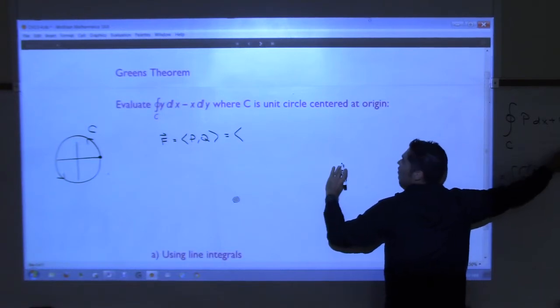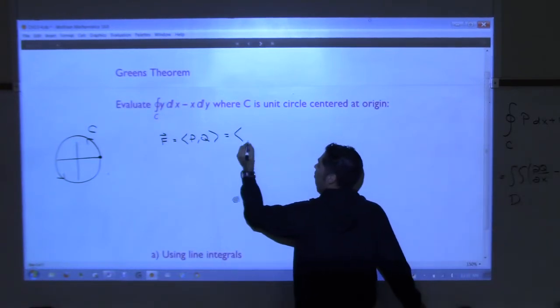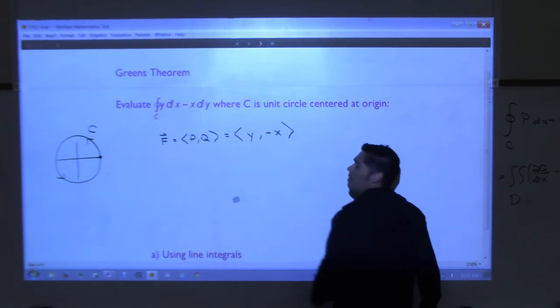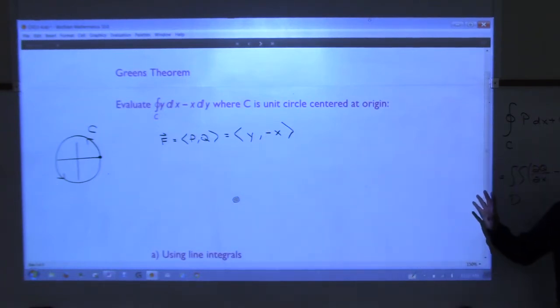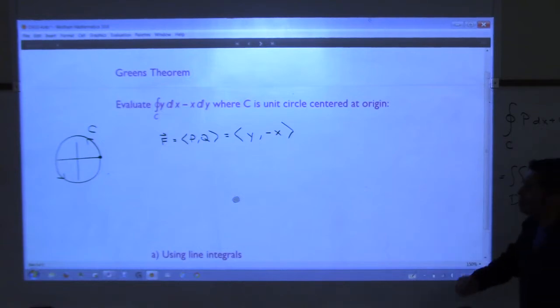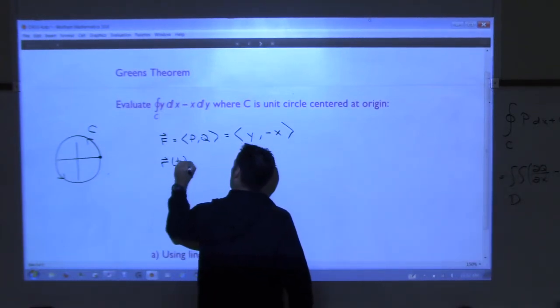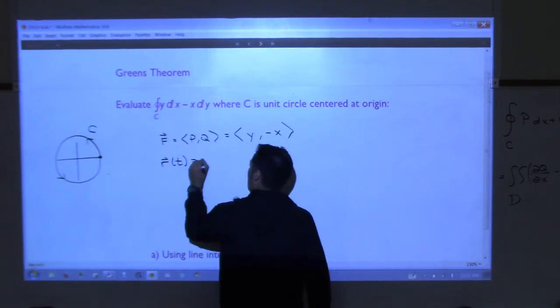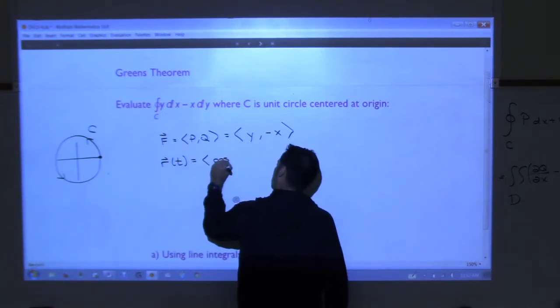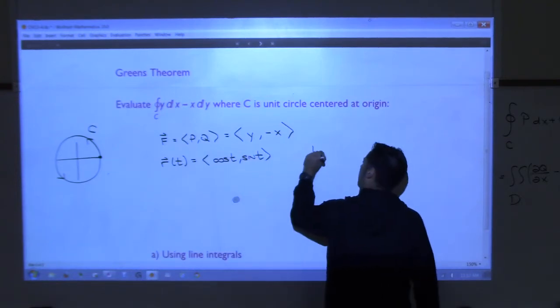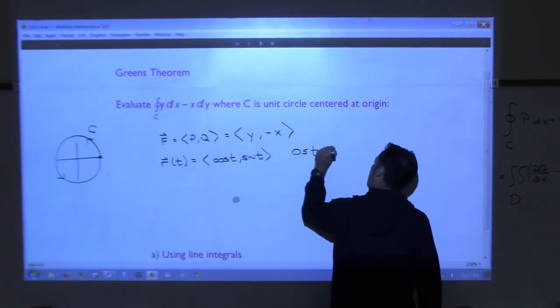So what is P? y. And what is Q? Negative x. That's our vector field. Now, what is r of t? That's what's going to draw the curve. That is the vector function cosine t, sine t. And what is our restriction on t? 0 to 2 pi.